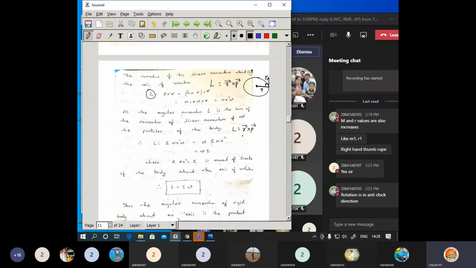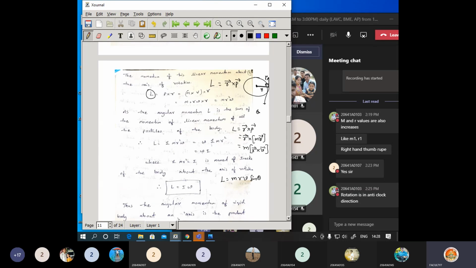Okay, now if you want the substitution here, you go with this as m v bar, or else you can write this as m. You can take out the scalar quantity outside, then you will write this as r cross v. Then what can you write? If you remove the cross product, you can write L equals m r v sine theta. So what is the theta value here?